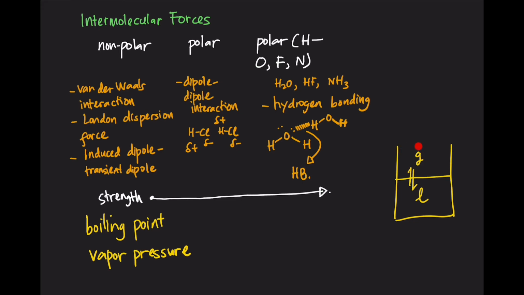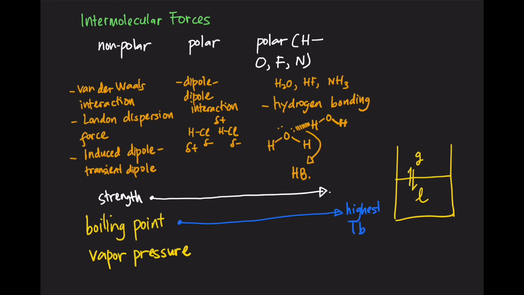Therefore, the pressure of the gas on top of the liquid will be low, as most of the compounds are still in the liquid phase. Therefore, boiling points also go from the weakest to the strongest. The one with the hydrogen bond will possess the highest TB or boiling point.